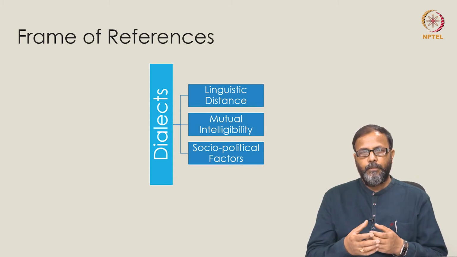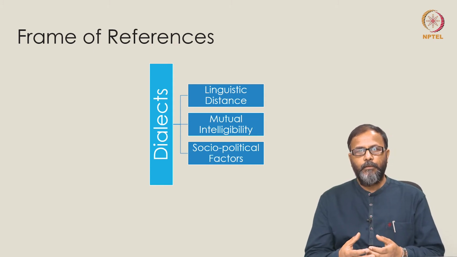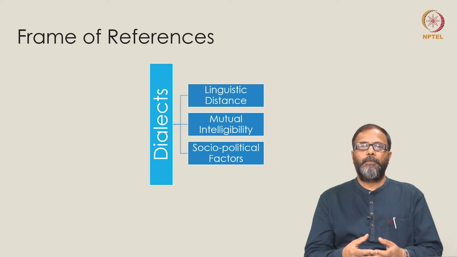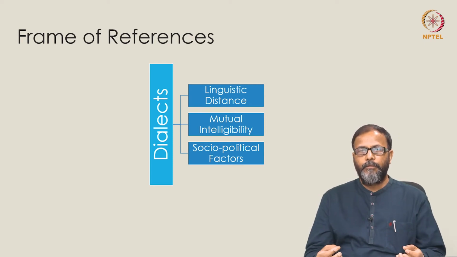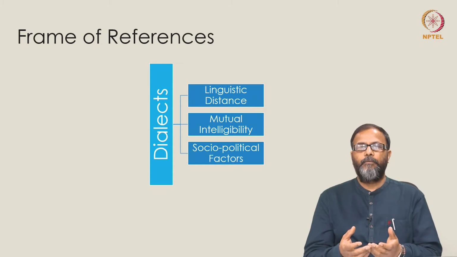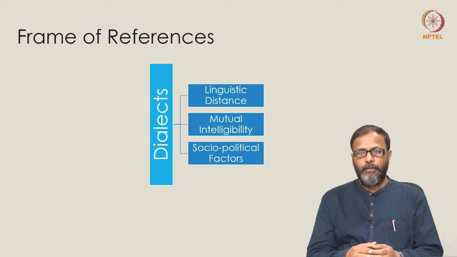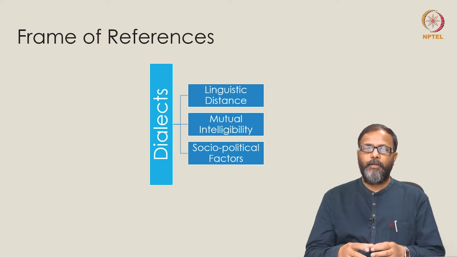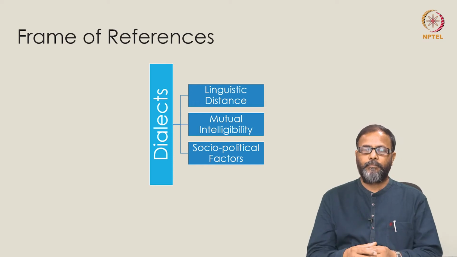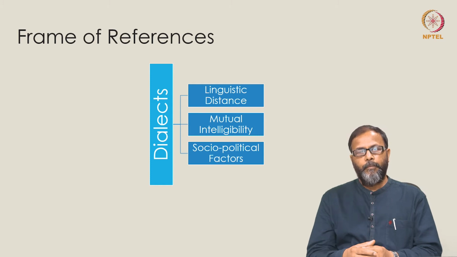If mutual intelligibility is possible between variety X and variety Y, we call them two different dialects of language X, right? X1 and X2. If they are mutually intelligible, they are varieties of language X. So they are dialects of language X.